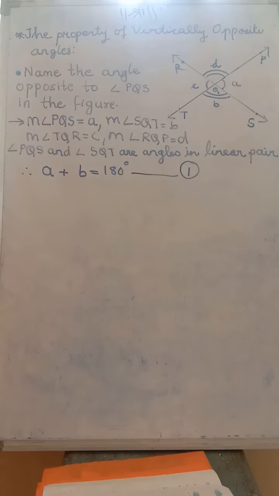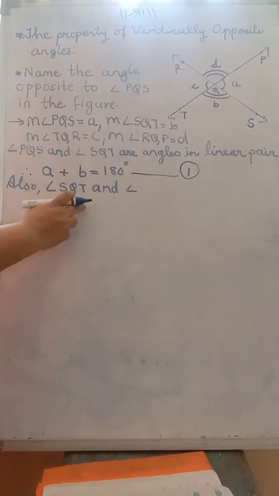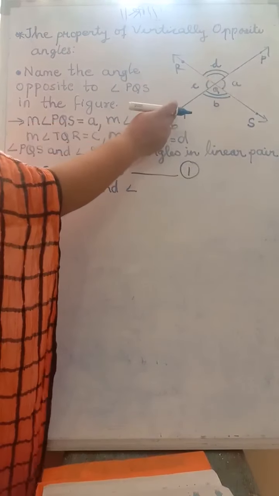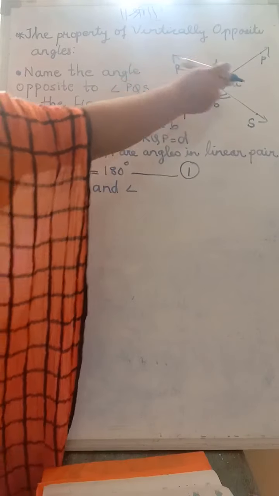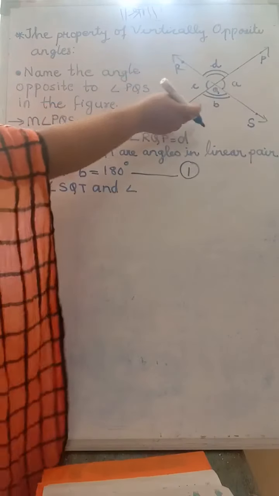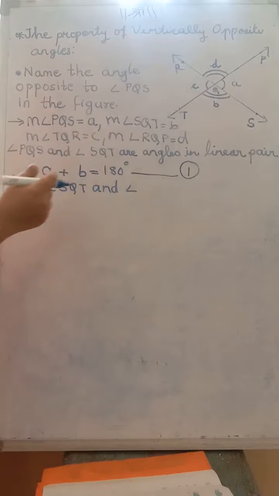Now we will take one more linear pair. We will take the same angle SQT, which is also in linear pair with the upper one. We have taken that. Now the next one we will take, going forward, that is clockwise.